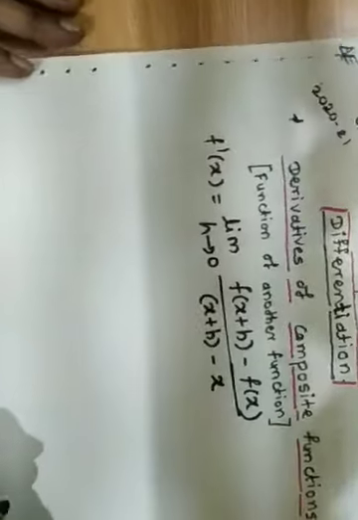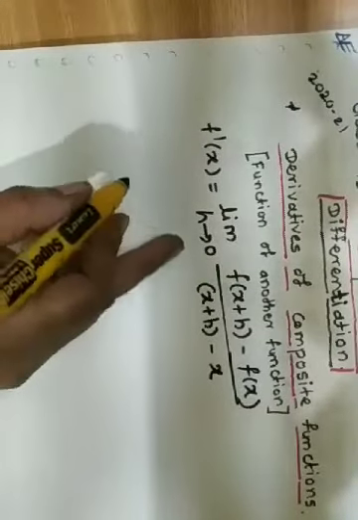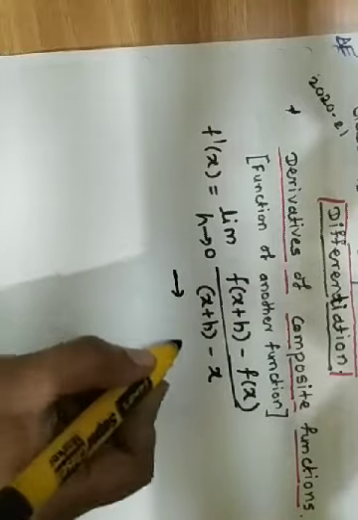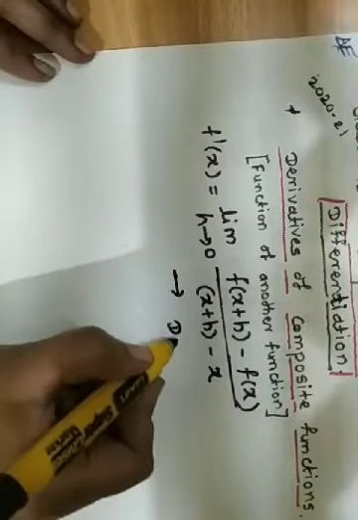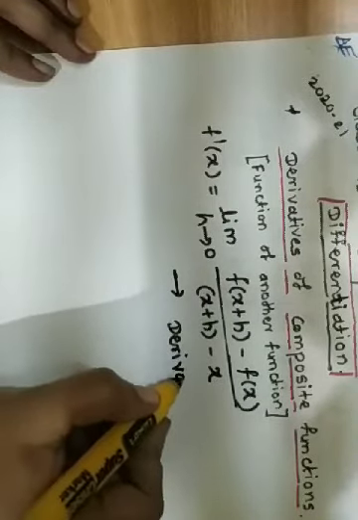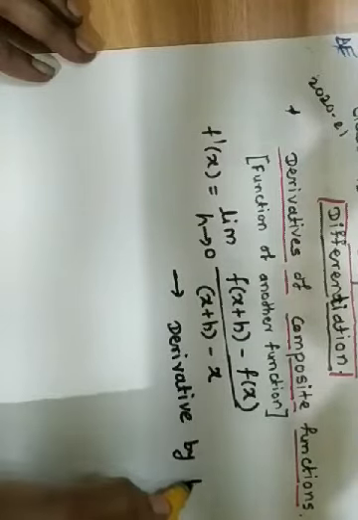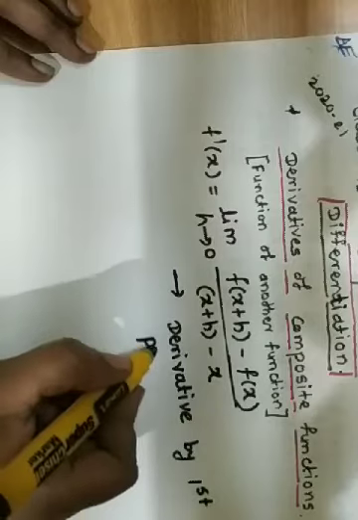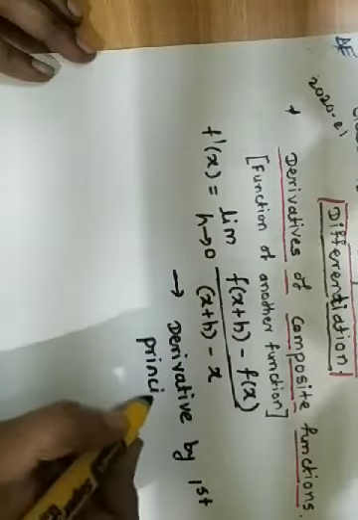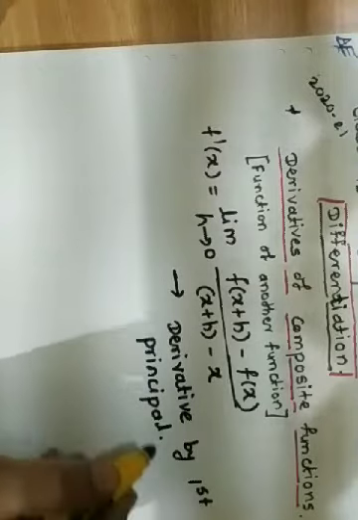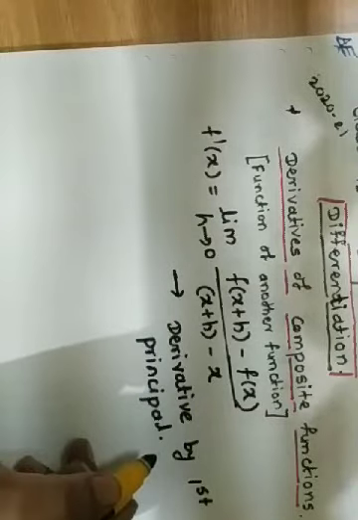Therefore, we have to take the limit as h tends to 0. This is the derivative by the first principle. We have studied it already in the 11th standard.